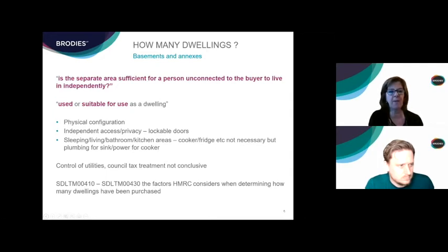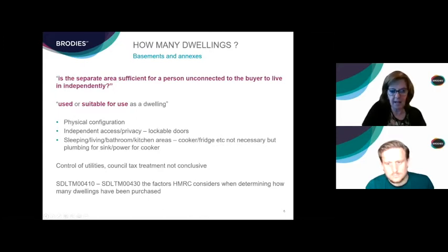So with a basement, is there access from the rest of the house? There needs to be privacy. Lockable doors. The extra dwelling needs to have sleeping accommodation, living accommodation, bathroom and kitchen areas.